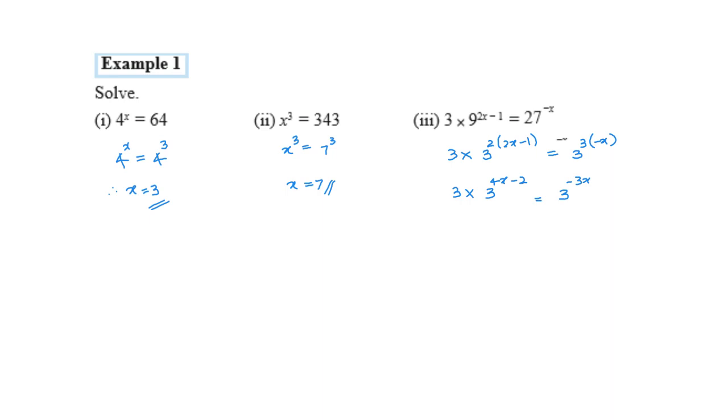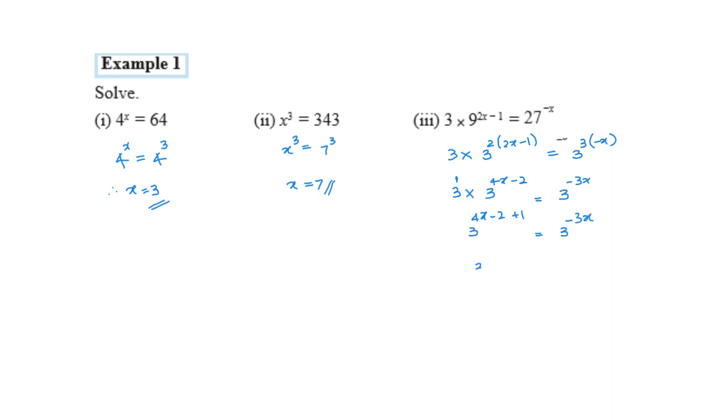Now from indices laws, you can simplify this further. Minus 2, here you have power 1, you can add 1 here, equal 3 to the power minus 3x.